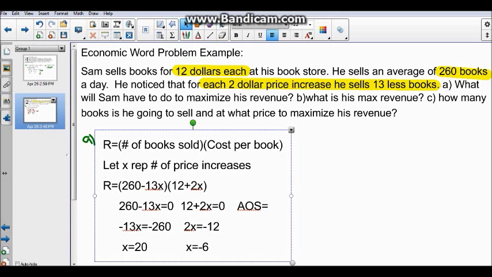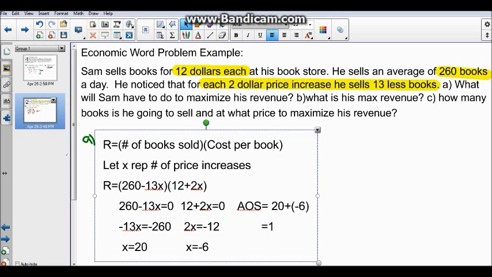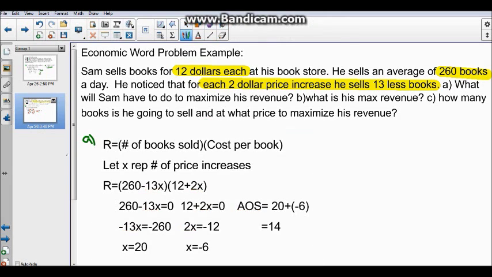So now we're going to find the axis of symmetry, which will tell us the number of price increases that will get the maximum revenue. So the axis of symmetry is going to be 20 plus negative 6, as those were the two x-intercepts of the equation, which is going to equal 14, and we're going to divide by 2.